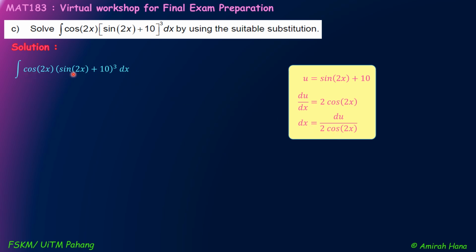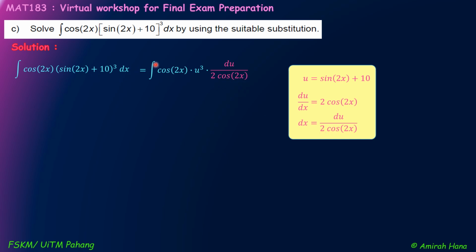Then we substitute back into the given question. We replace sin 2x plus 10 with u, and we replace dx with du over 2 cos 2x.